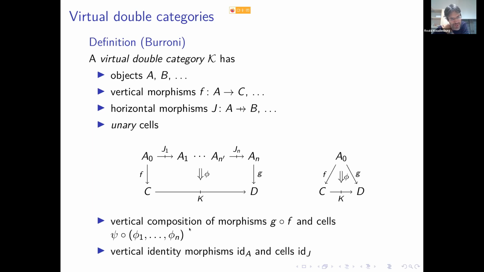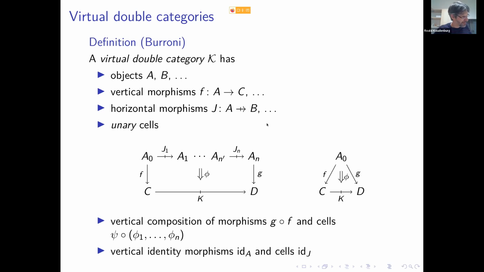Then we have composition in these virtual double categories of vertical morphisms, so they form a category. And also cells have this associative type of composition. And then we have identity morphisms for objects, and also identity cells for horizontal morphisms, and also identity cells for vertical morphisms.